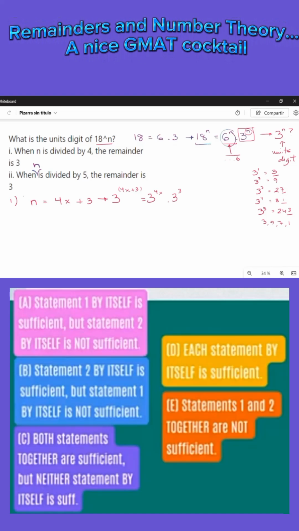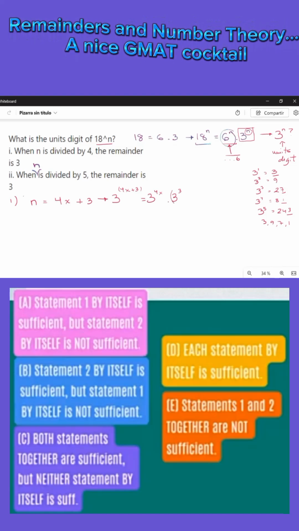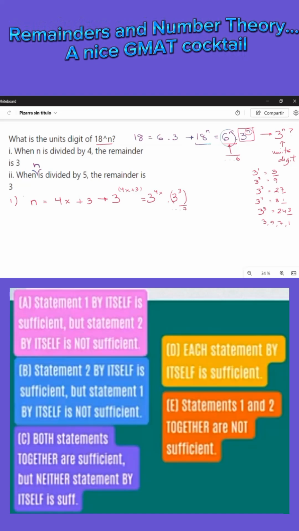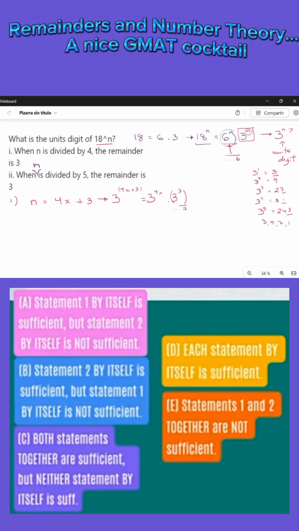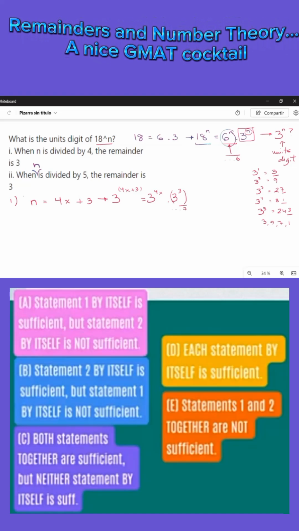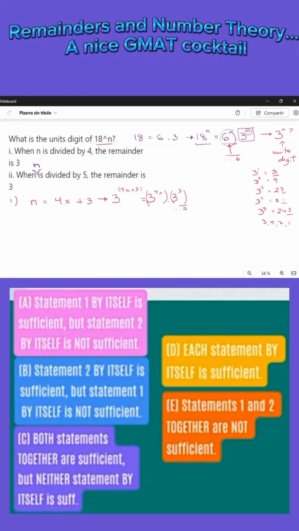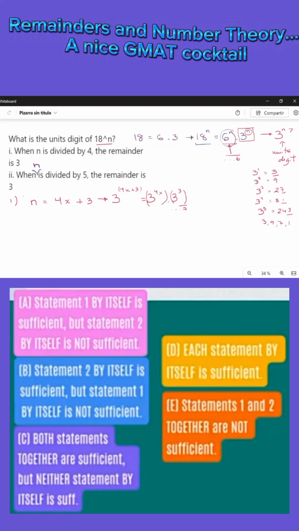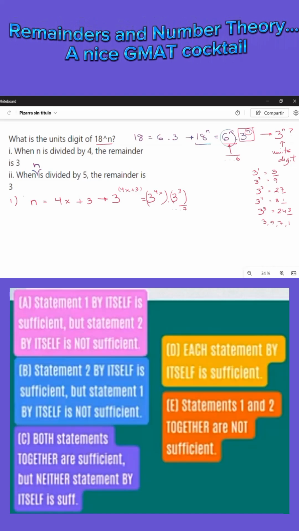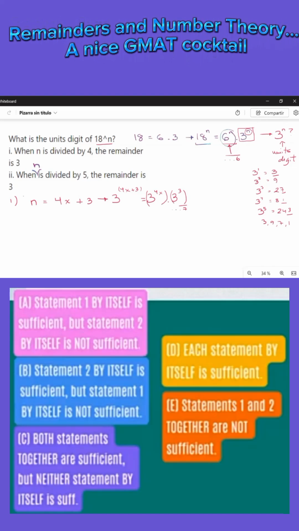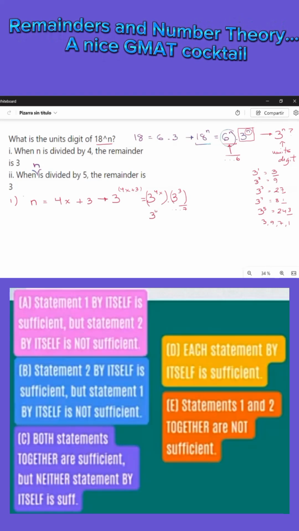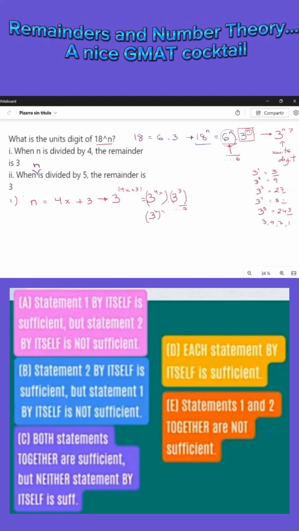So basically, since we know the units digit of this is already 7, in order to determine the units digit of 3^n, all we need to do is determine the units digit of this portion. But notice, according to the property of a power, 3^(4x) can be expressed as (3^4)^x.